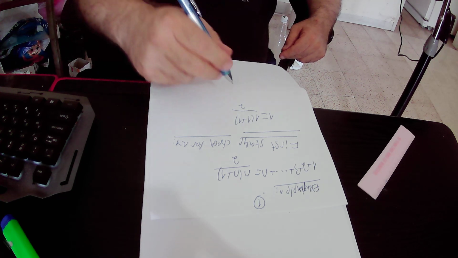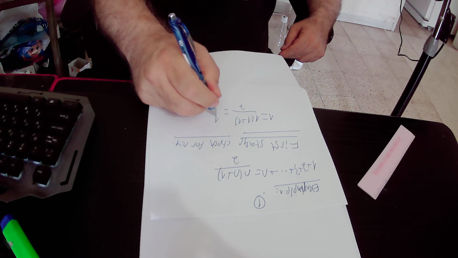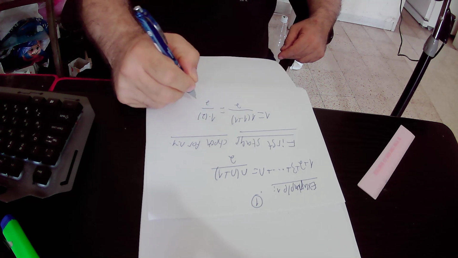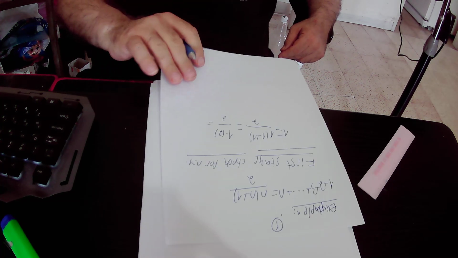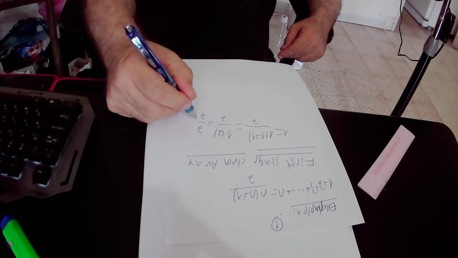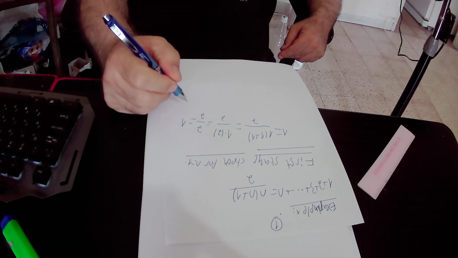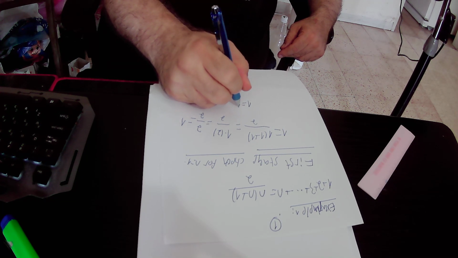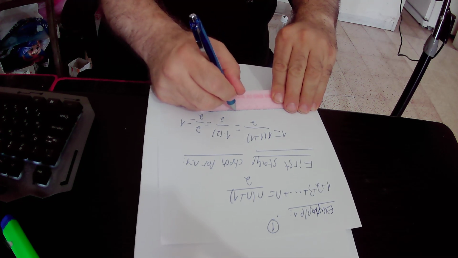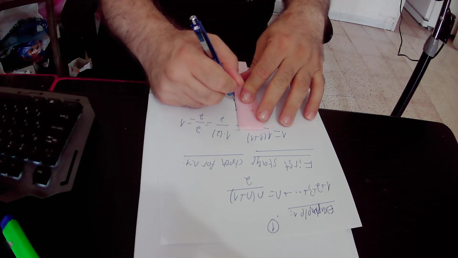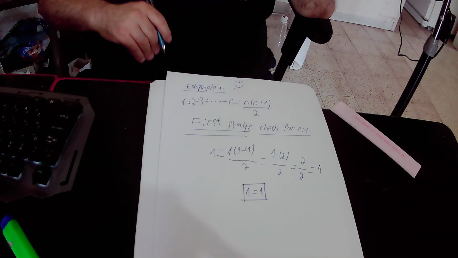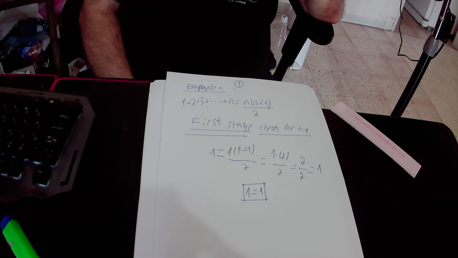This is actually 1 times 1 plus 1, which is 2, divided by 2, so it is 1 times 2, which is 2, divided by 2. 2 divided by 2 is 1. So we have here an identity, 1 equals 1, so we actually passed the first test.